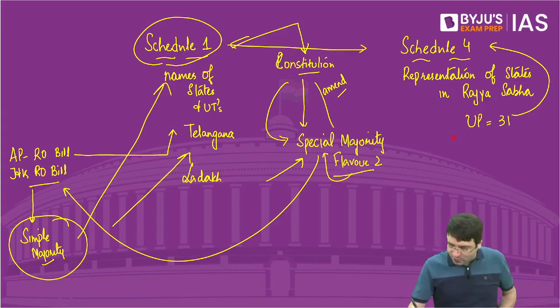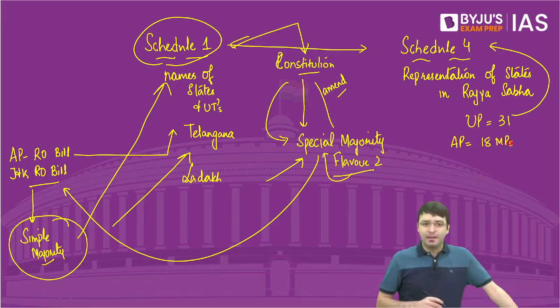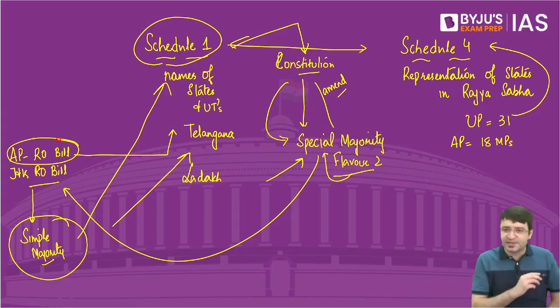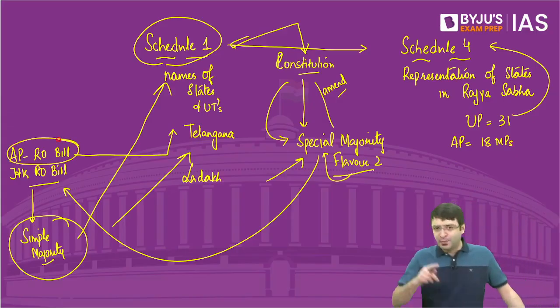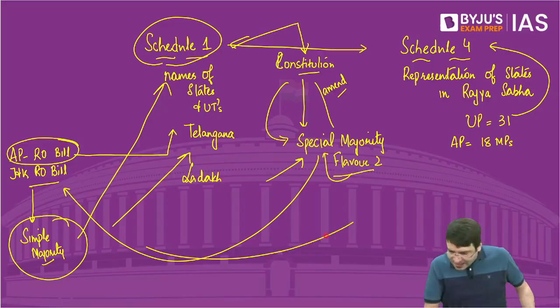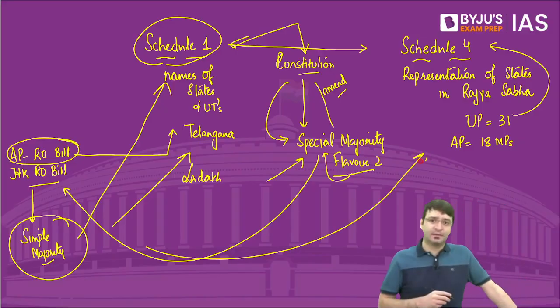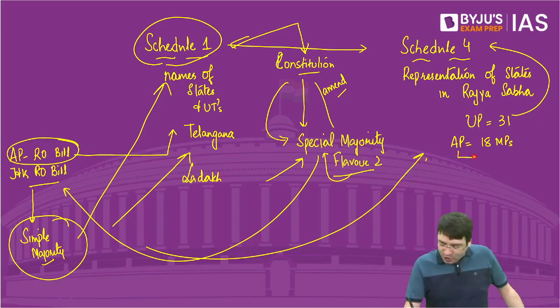Question number 2. In Schedule 4, it was mentioned Andhra Pradesh will have 18 MPs. But now when Andhra Pradesh Reorganization Bill was passed, it was signed by the President, we had to change Schedule 4 as well. That means in Schedule 4, we have to mention Andhra Pradesh will have 11 MPs and Telangana will have 7 MPs.